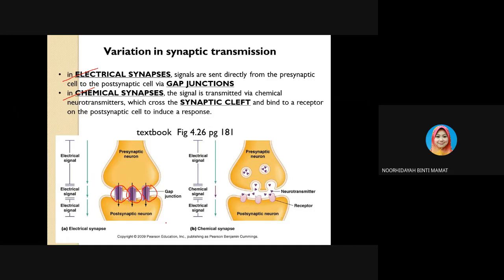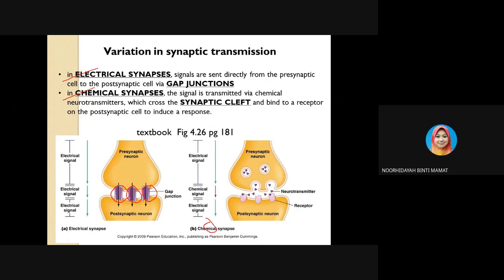While for the chemical synapse, the signal is transmitted via a chemical neurotransmitter, for example acetylcholine in the transmission at the neuromuscular junction, which crosses the synaptic cleft and binds to the receptor on the postsynaptic cell to induce a response. This we call the chemical synapse.